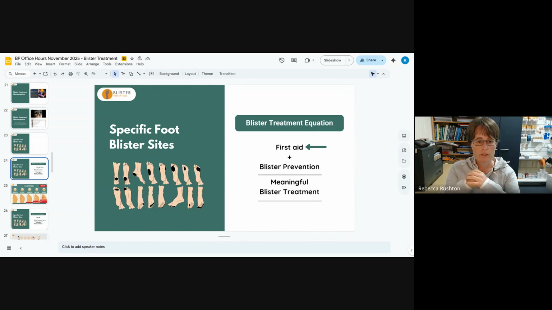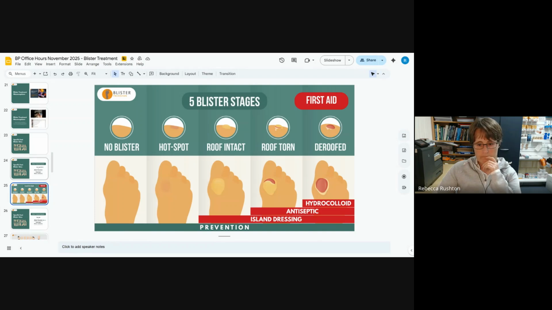The only difference is going to be what size and shape of dressing you're going to put on it. And remember back to this. This is the first aid component of blister treatment, and it is relevant to all of those anatomical locations on your feet.